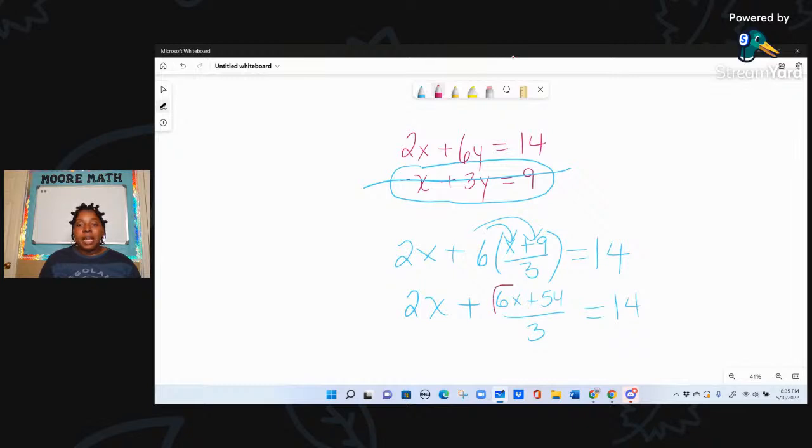What's 6x divided by 3? 2x. 54 divided by 3 is 18. Now it's starting to look prettier. So 2x plus 18 equals 14.